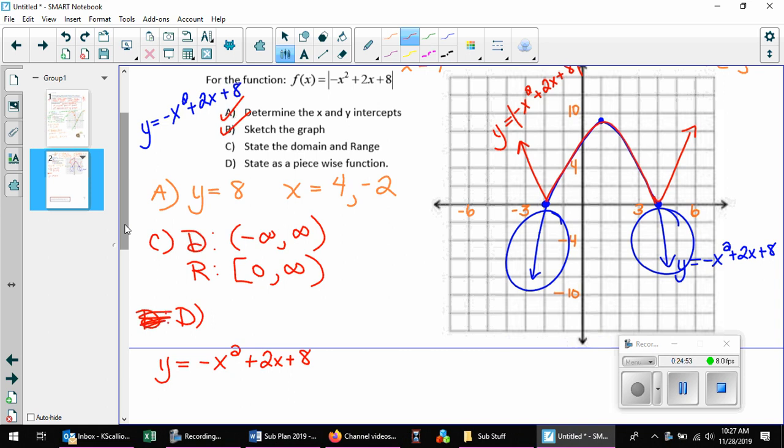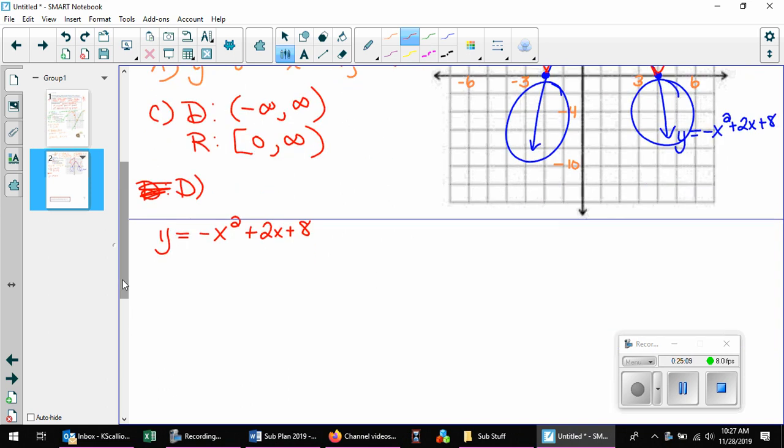Where am I going to on the domain? Where's the lowest part of my hump? Okay, but we're doing a domain statement. -2. Where's the furthest right? 4. Okay. So here's the thing, we need to write this one in set notation.